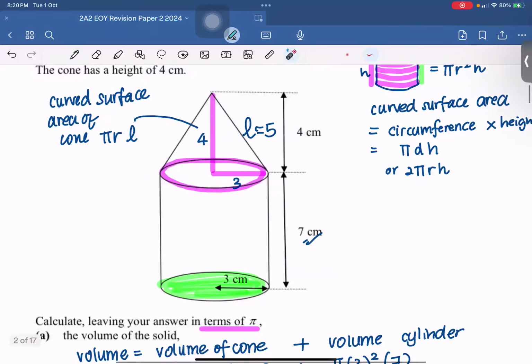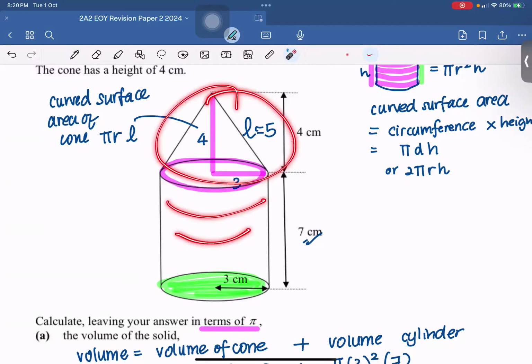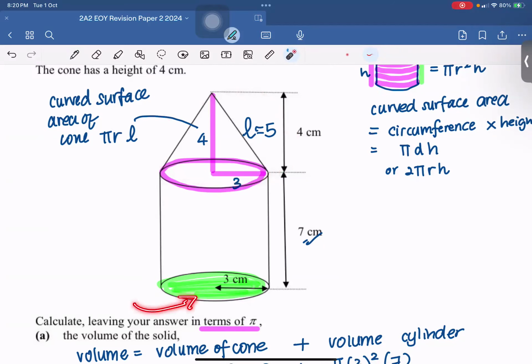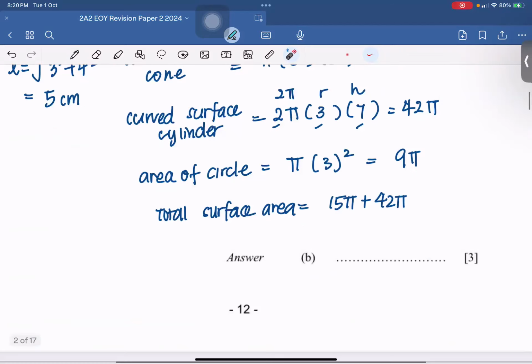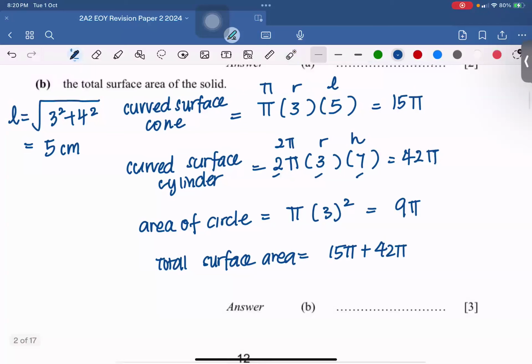How many surfaces do we have? We have the one at the side, and then we need to add the one at the bottom. So we add all these together plus 9 pi. All of them are pi, the same unit, so we can add all the pi together. Then we get 66 pi cm squared.